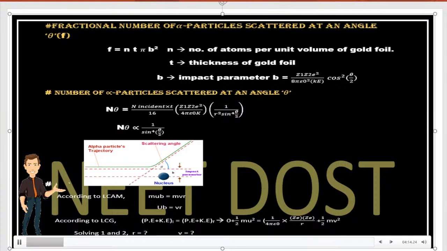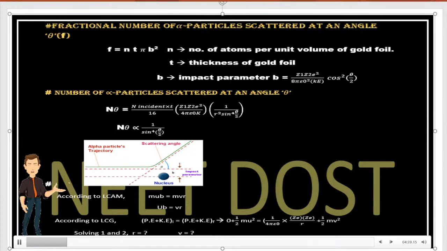We need to remember this formula: F equals n t pi b square. F is the fractional number of alpha particles scattered at an angle theta. N is the number of atoms per unit volume of gold foil. t is the thickness of gold foil. b is the impact parameter.